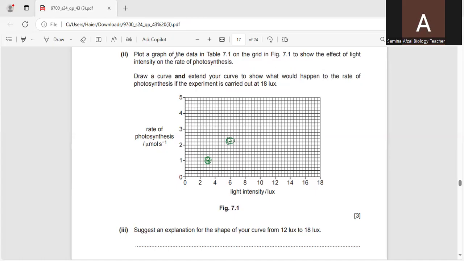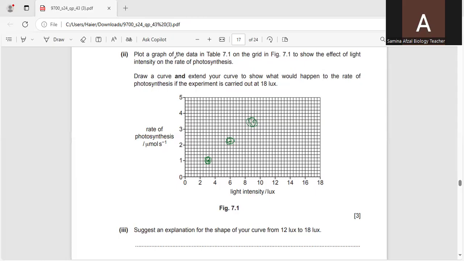And the next value is on 9. So 9 is in between the 8 and 10. So the reading is 3.6. So here I'm going on 9, and there it is 3.5, and it is 3.6, nearly round about this, because we are drawing on our screen.